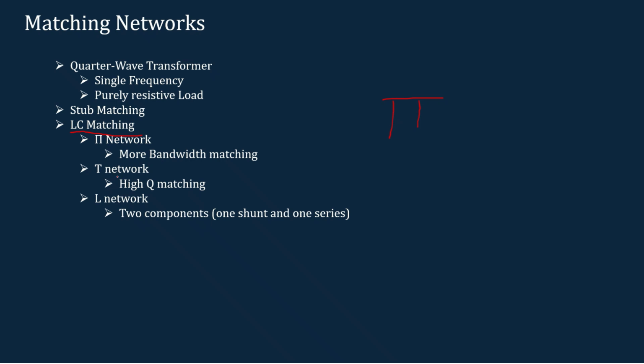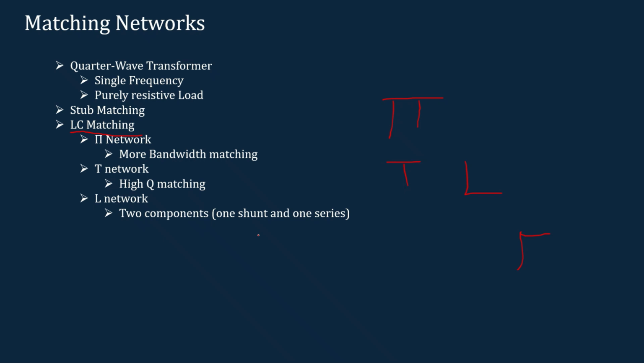It can also be a T network, or it can be in the form of an L network. The T network is mainly used for high Q matching. The L network usually consists of two components, one in shunt and one in series configuration. So these are the main impedance matching circuits that can be used.